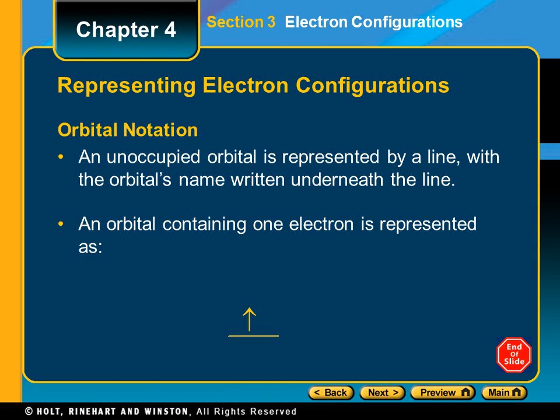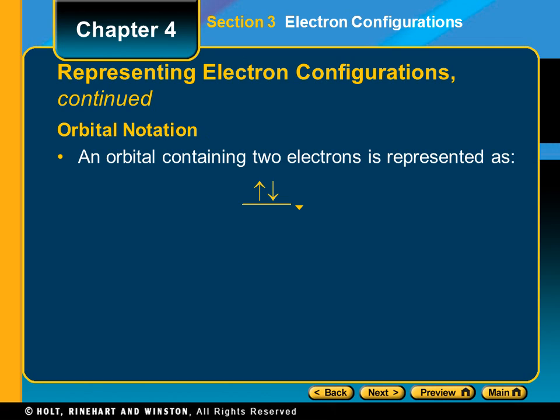Now that orbital can hold up to 2. So when you get to helium and you've got 2, there's going to be 2 in that s orbital. But when you get to 3, 1s is done. Because there's only the s orbital in the first energy level, you've got to move up to the second energy level and start with s again.